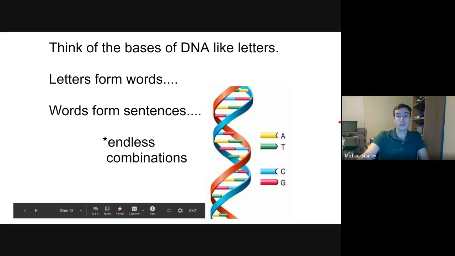So the information that goes to the ribosome to make those proteins all comes from different combinations of your base pairs inside the genes, inside your DNA.